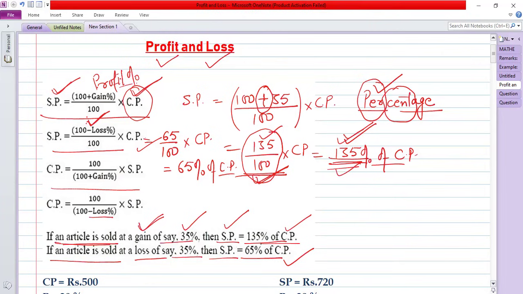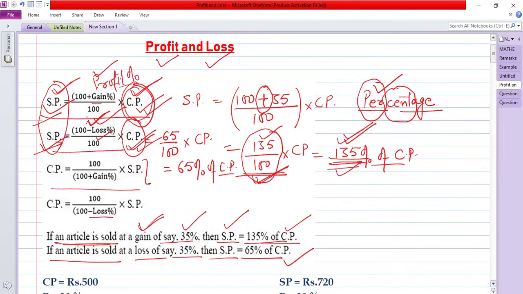The top two formulae are used if the cost price is given and further the gain percent, profit percent or loss percent is given, then how to find the selling price.